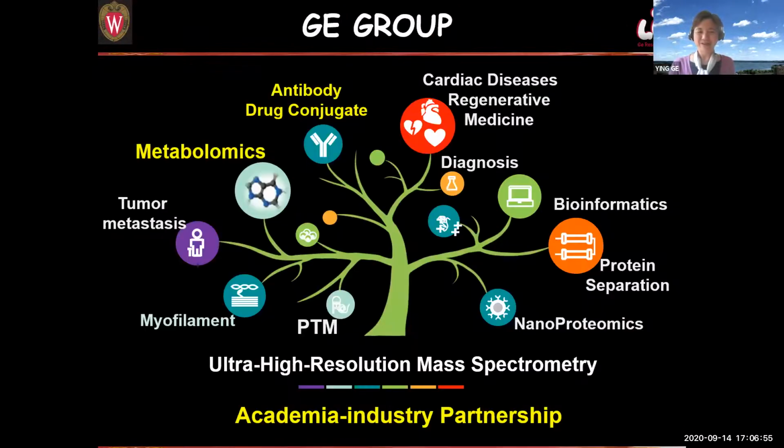Over the years, because of my strong industrial roots, we have grown a very strong partnership between academia and industry. All based on the roots of ultra high resolution mass spectrometry, we now grow many branches of the tree.